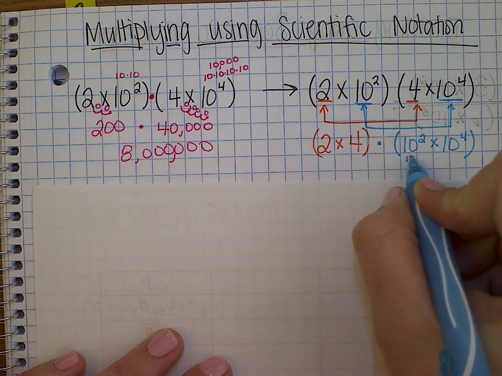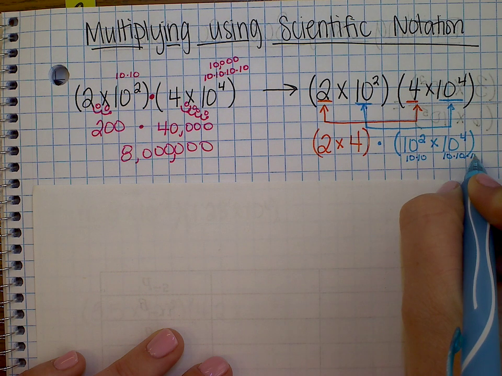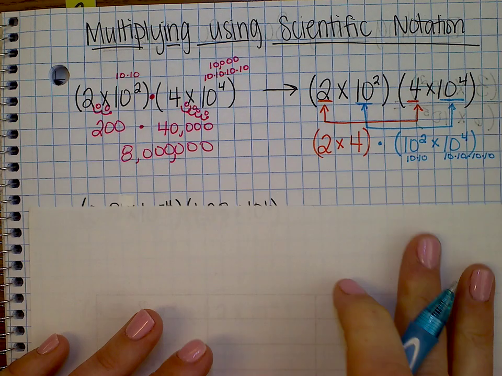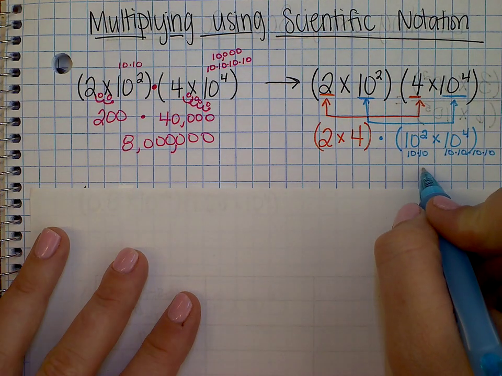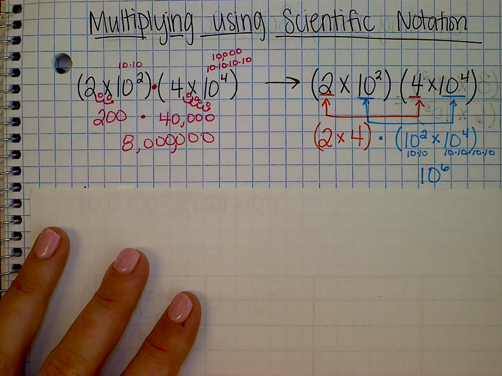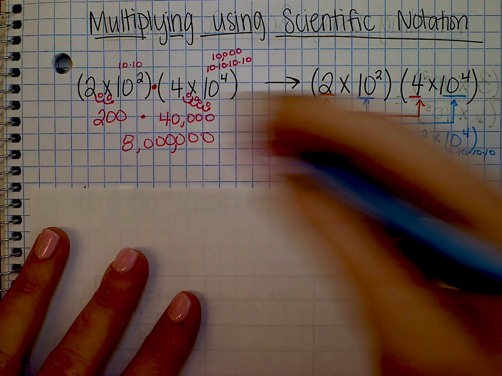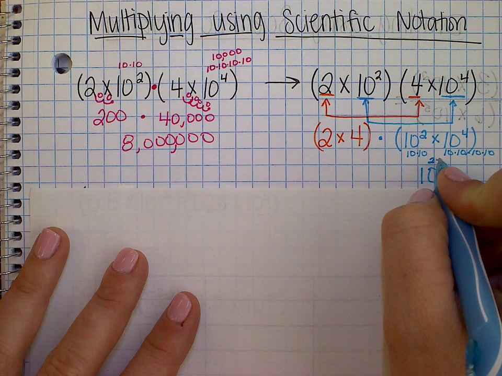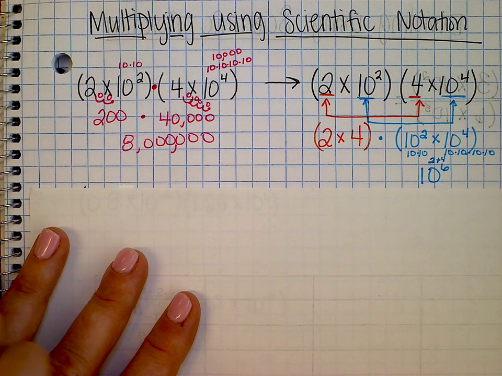So 10 squared, remember, is 10 times 10, and then we have 10 to the 4th, which if you think about it, that would be 10 to the 6th power, because I have 2 plus 4, so that would be 10 to the 6th.